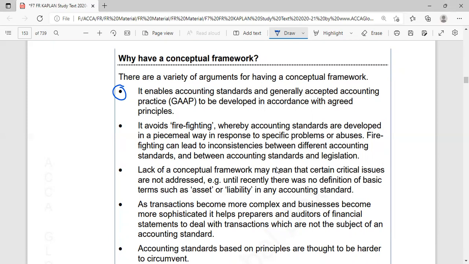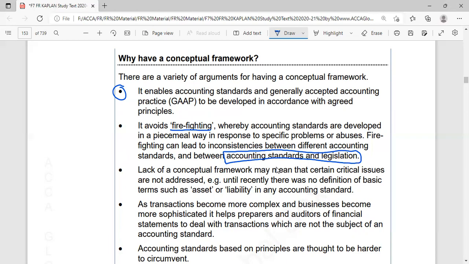And it avoids firefighting. Sometimes there may be an inconsistency between an accounting standard and the legislation. In that case, which do we have to follow: does the accounting standard prevail over the legislation, or does the legislation prevail over the accounting standard?